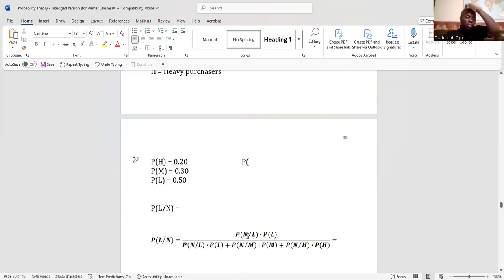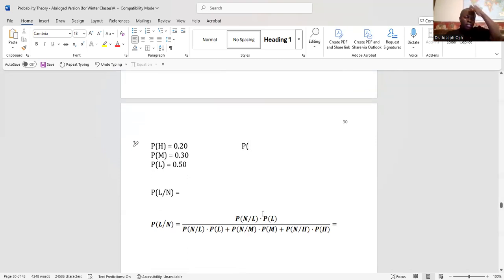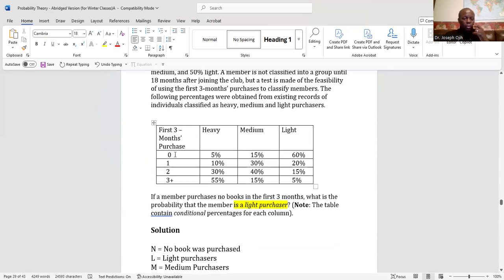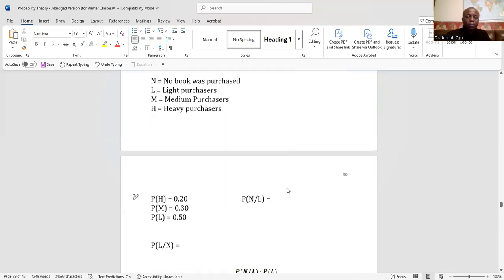No book was purchased given light is 60%, which is 0.60.